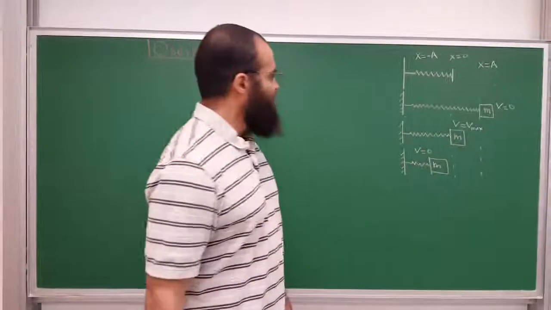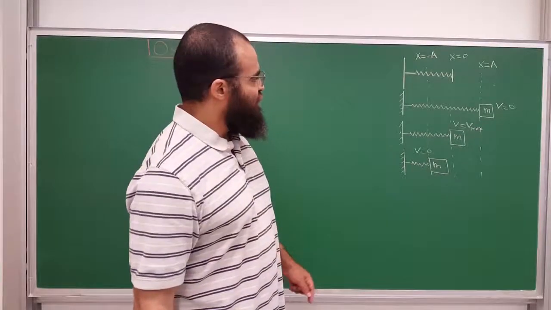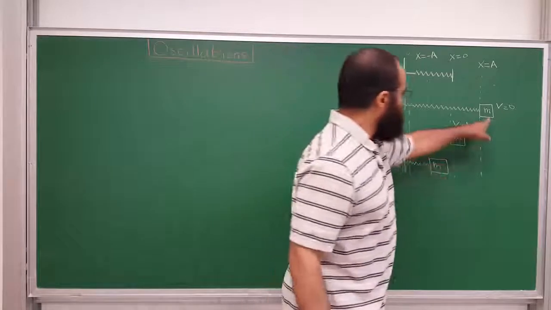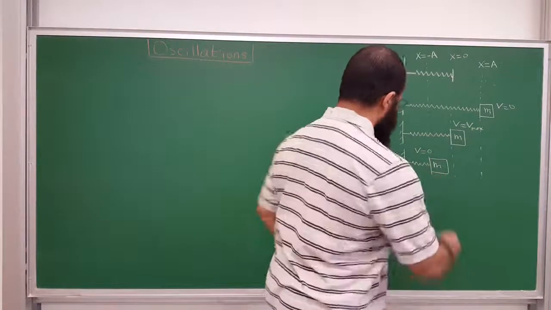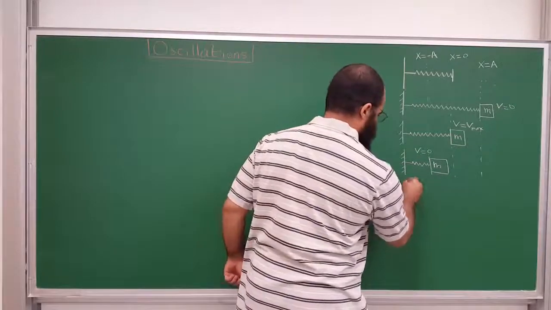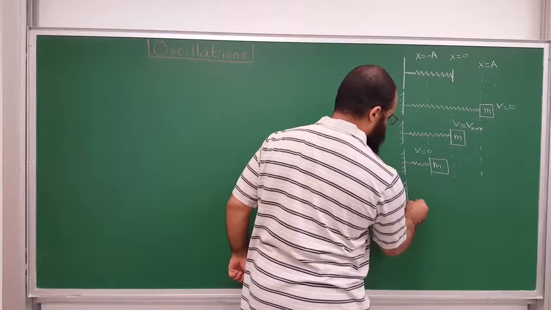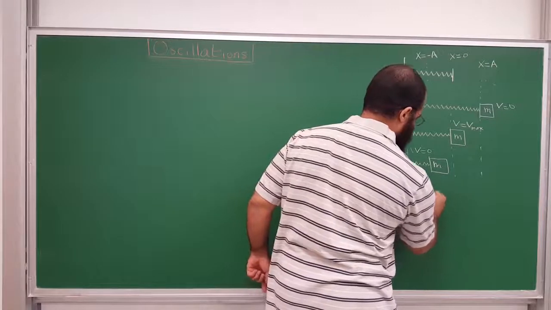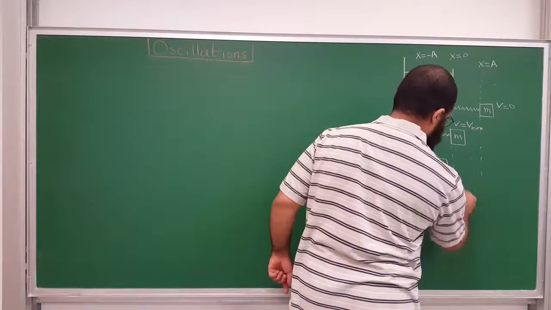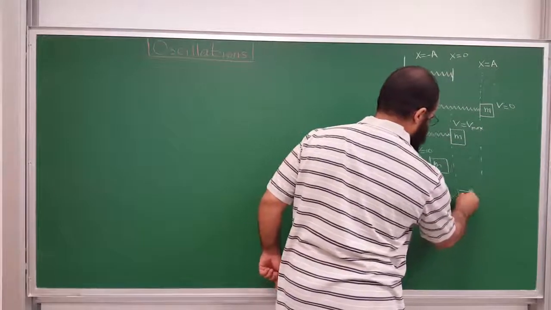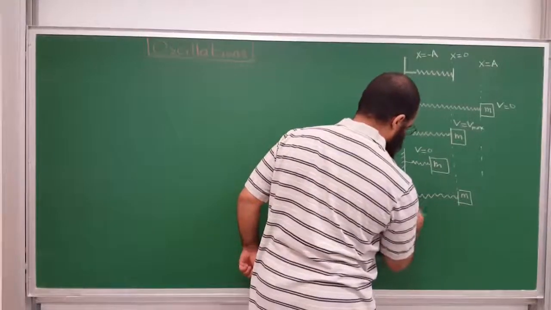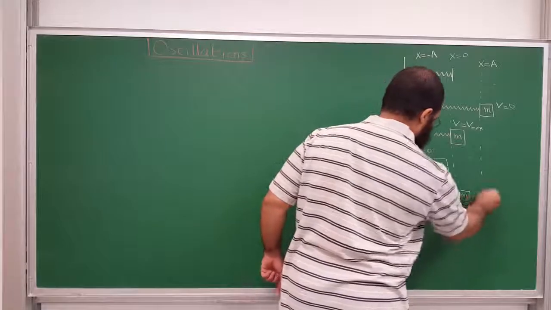Okay. Now, the time it takes to complete one period, so let's say we started here, we went here, we went here. The next step will be to come back to the natural position, or to pass by that point. Then the next step, you overshoot and stretch because you have some velocity this way.